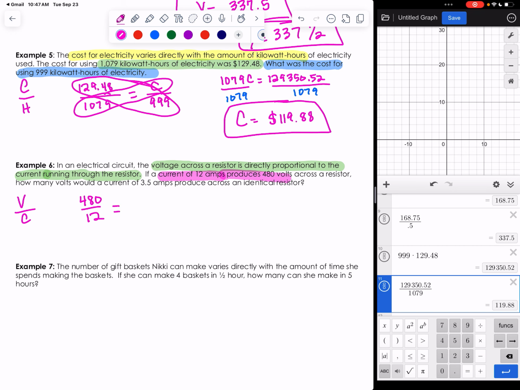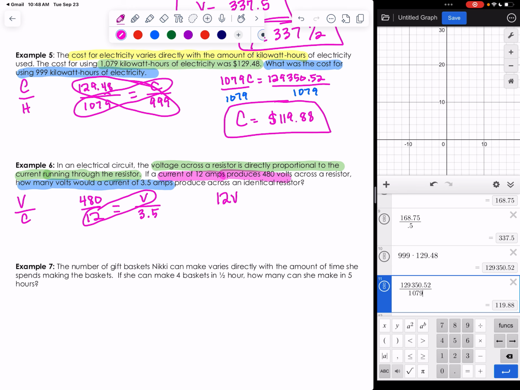Okay. And then let's get another highlighter here. It says how many volts would a current of 3.5 amps produce? So we do not know the number of volts, but we do know the current is 3.5 amps. So now that I have my proportion set up, I can cross multiply.